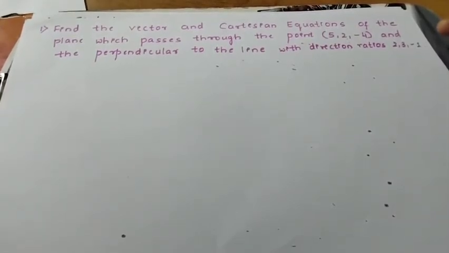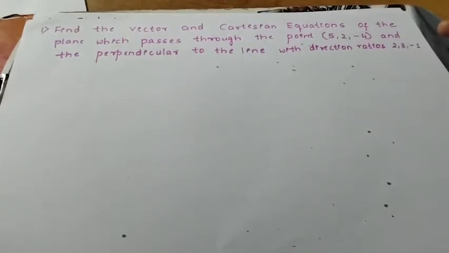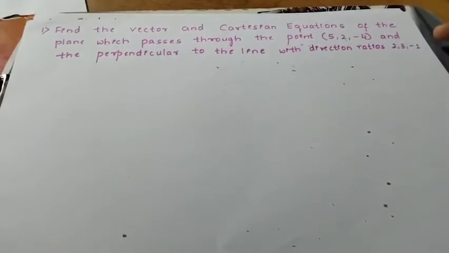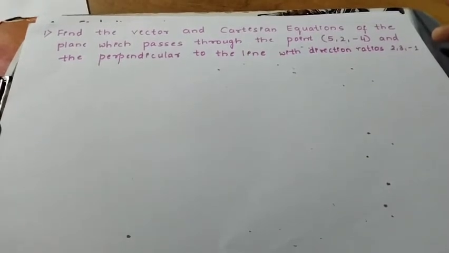Which passes through the point 5, 2, minus 4 and is perpendicular to the line with the direction ratios 2, 3, minus 1. If you see which form this is, it is the equation of a plane which is perpendicular to a given vector and passing through a point. So you have to compare it with the second form of a plane.